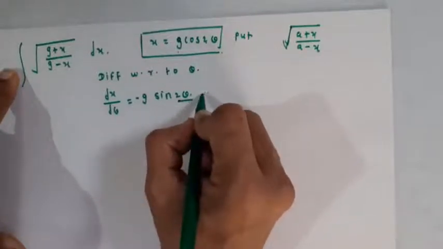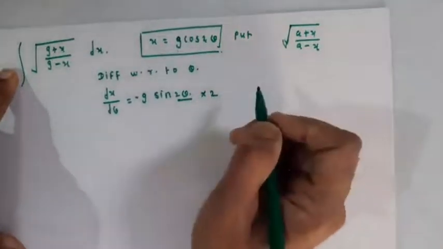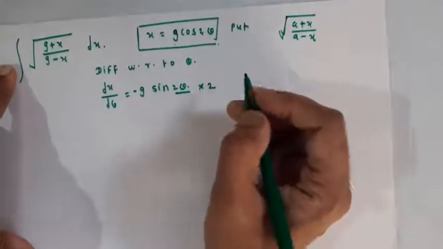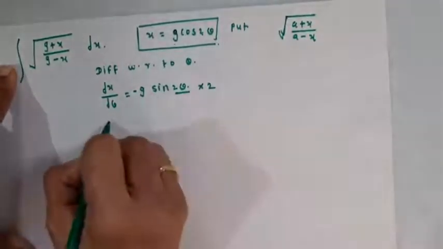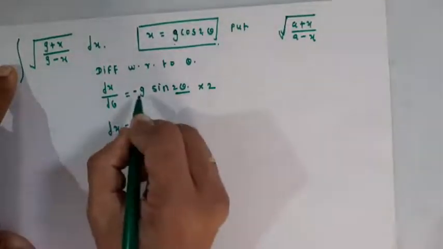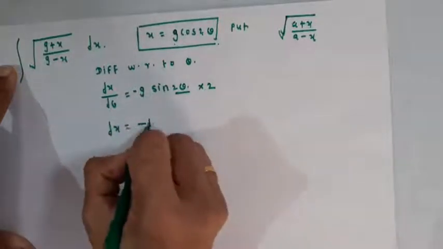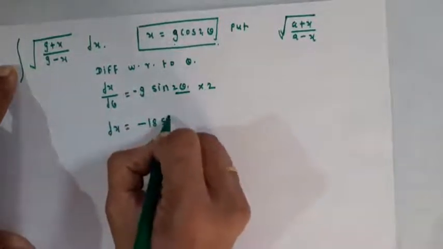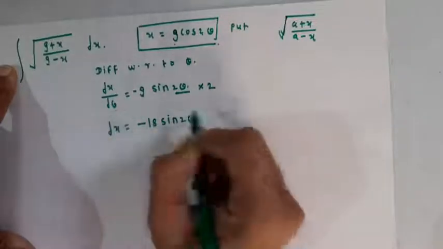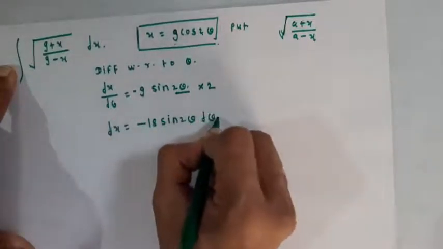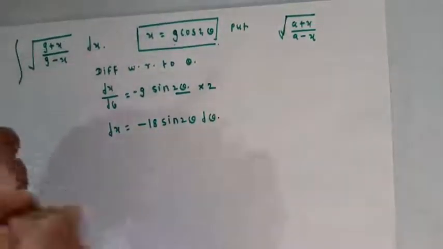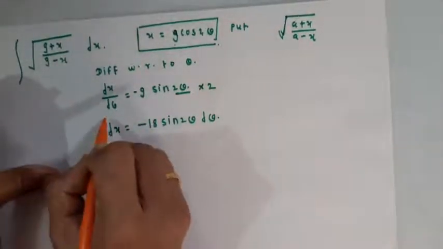Again, the differentiation of 2 theta with respect to theta is 2. Therefore the value of dx is minus 9 into 2, that is minus 18 sin 2 theta d theta. Shifting d theta to the other side, this is the value of dx.